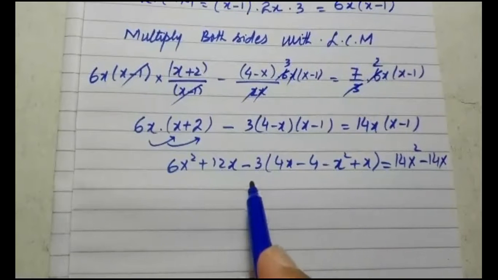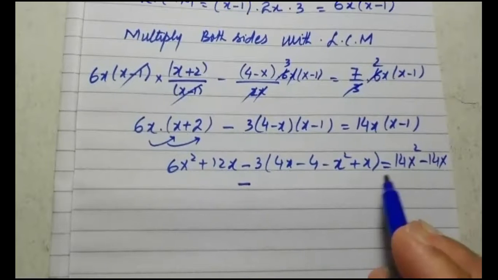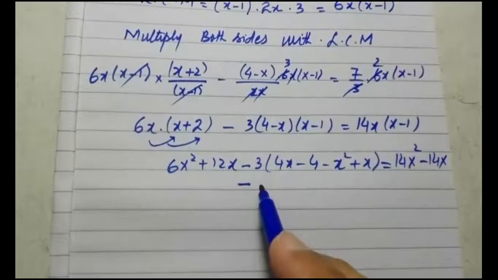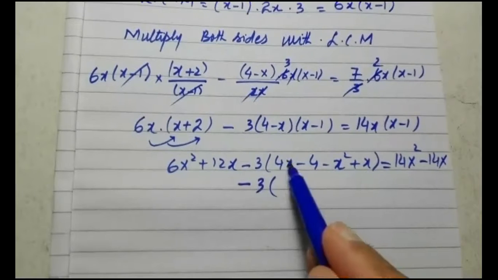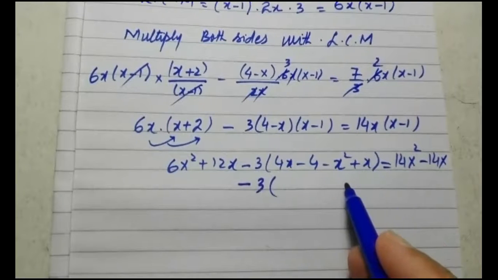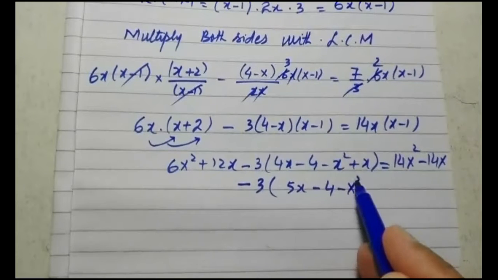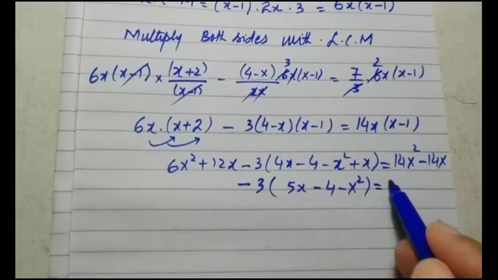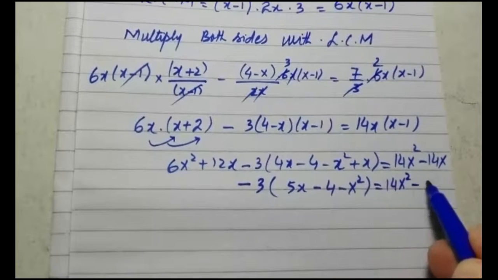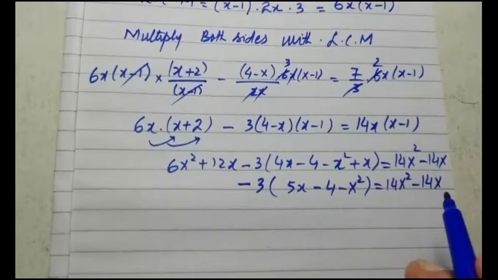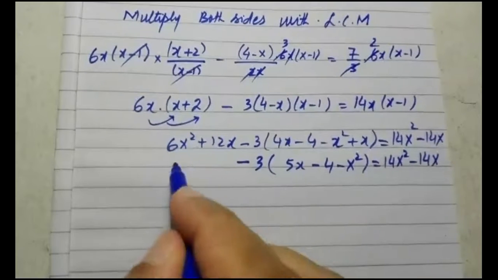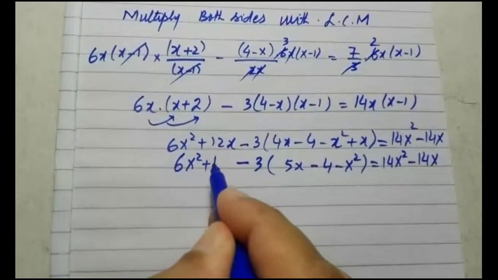Now shift minus 3 inside. After the simplification you will get what is inside: 4x and 1x will become 5x minus 4 minus x square, and 14x square will be as it is, minus 14x, 6x square plus 12x.